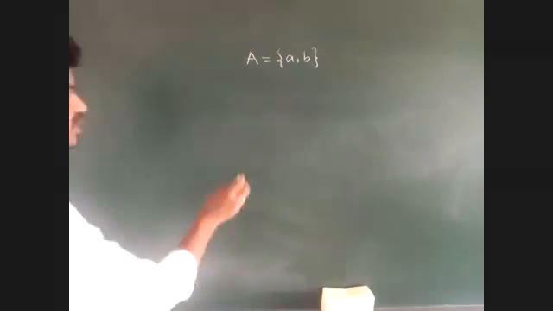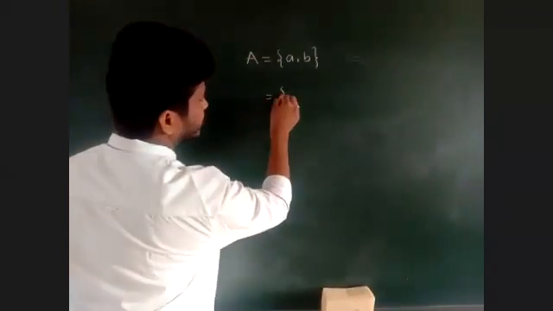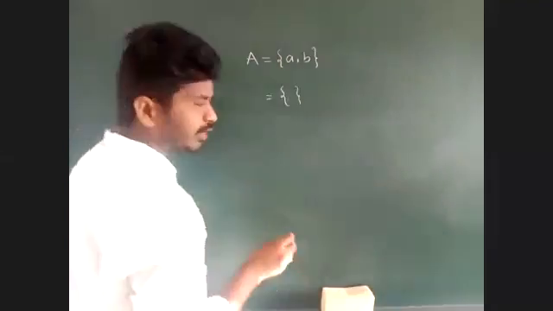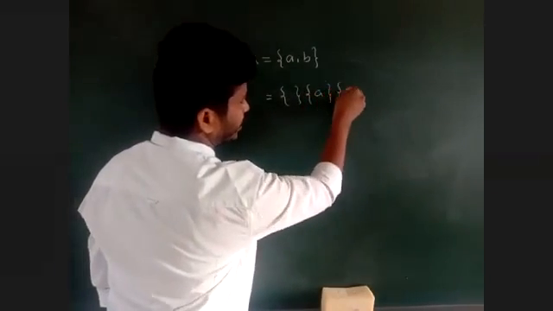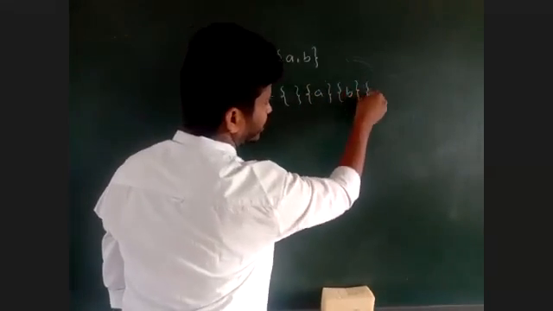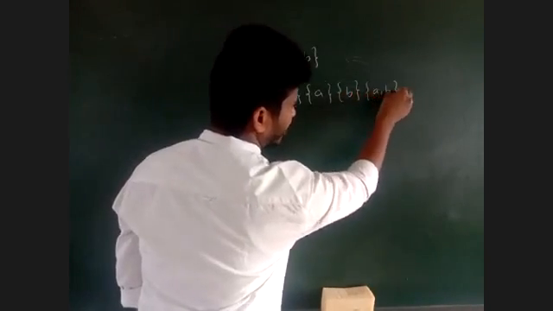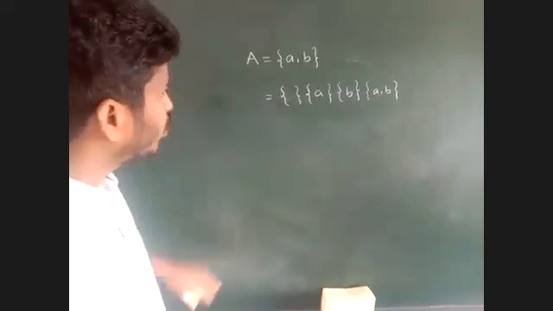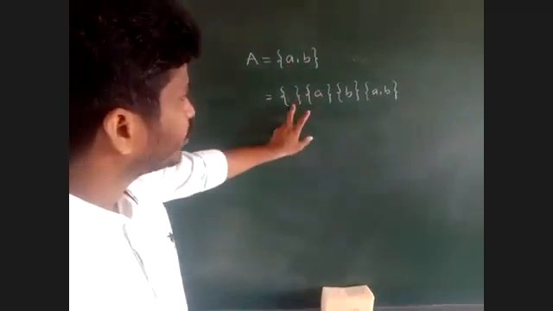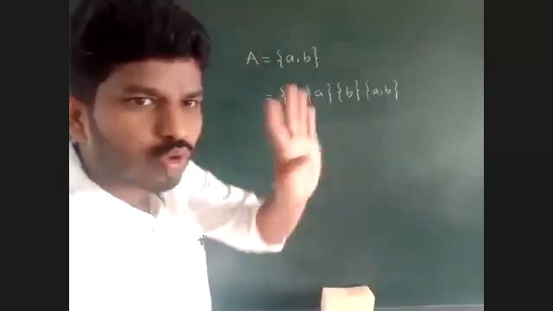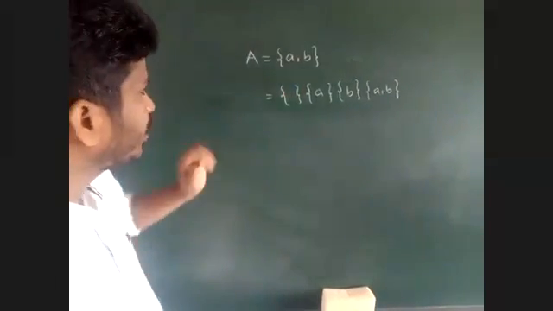Then tell me what those 4 subsets are: the empty set, {a}, {b}, and {a, b}. A set containing 2 elements gives us 1, 2, 3, 4 subsets.